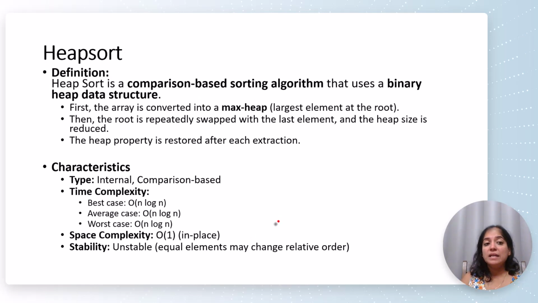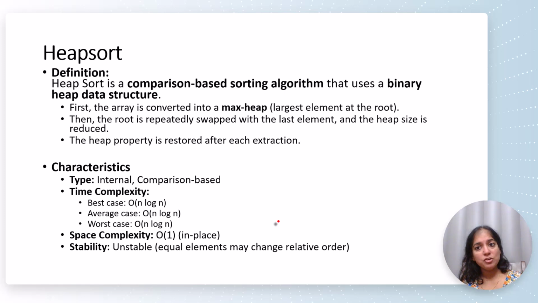Then comes the heap sort algorithm. We have covered heaps last week, and we know that we have two types of heap, max heap and min heap. With max heap, the concept of performing the heap sort is simple. Take out the root element and put it at the end of the array.